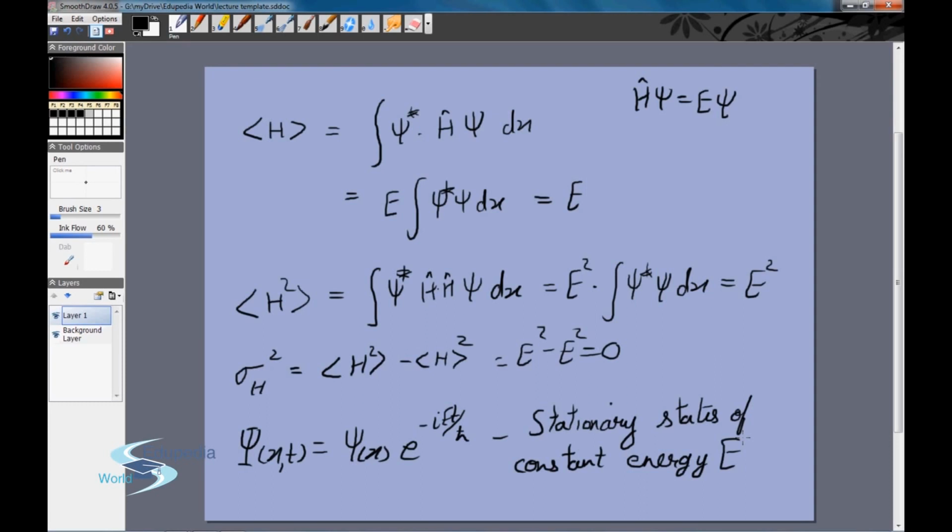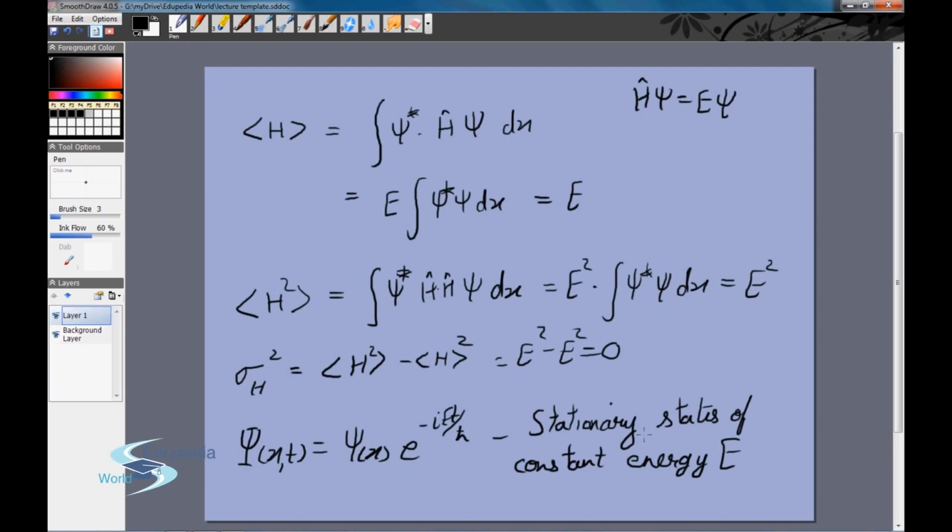The position's value will give you a range of values, but the expectation value or the average of that range of values will be independent of time. For a measurement of energy, you will not get a range of values. Every time you measure the energy of a particle in this state, you will get the value E every single time. So it is a state of constant energy.